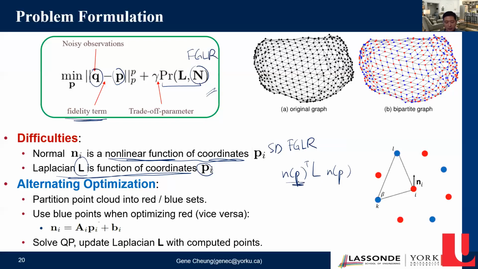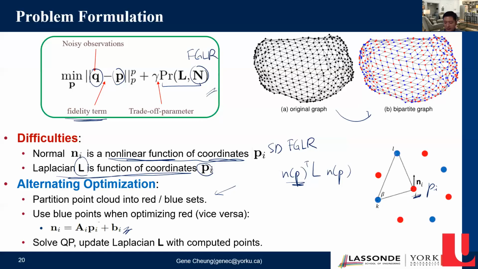So actually, we can do a trick where we first do a bipartite approximation of the original graph. So you divide your points into two colors, let's say red and blue. And now if you compute the surface normals of red using only neighboring blue points, as you see here, then you can actually approximate the surface normal as a function of the coordinate of P_i only, which is what you see in this equation, right?